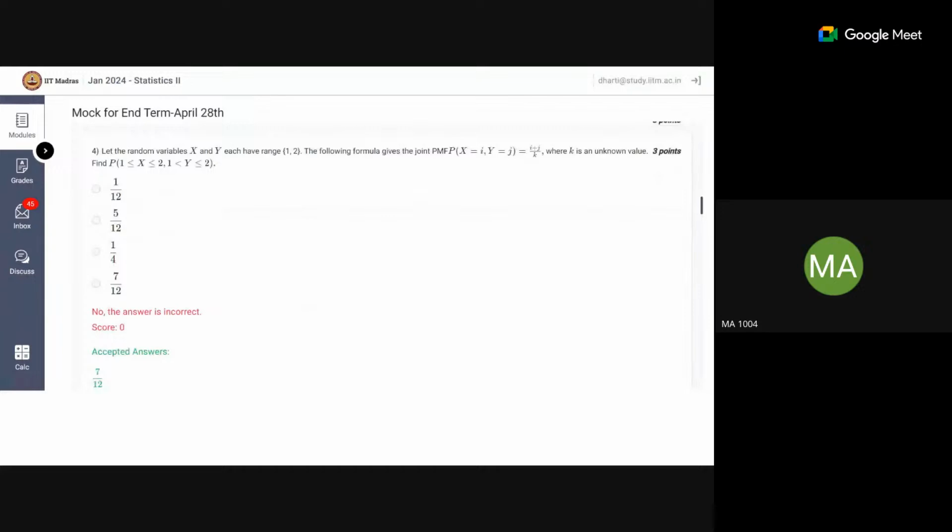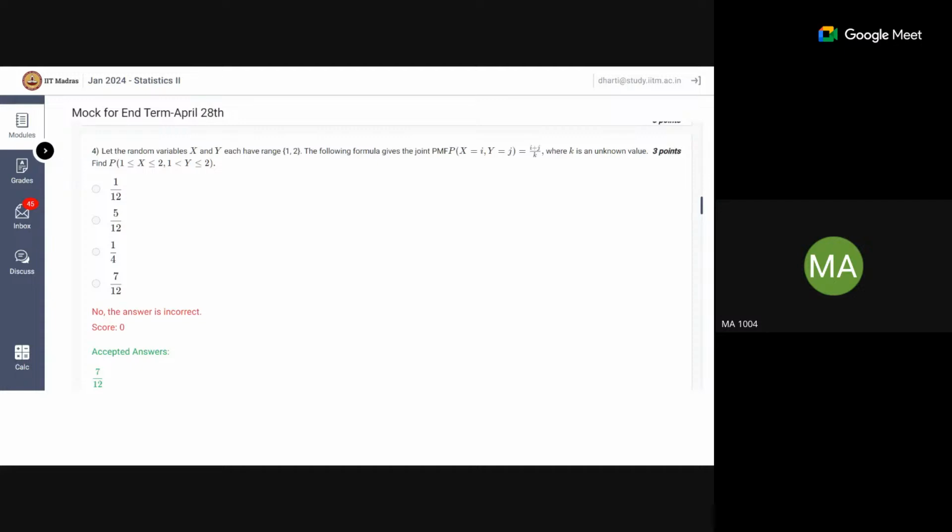So the fourth one says, let the random variables x and y each have the range 1 and 2. The following formula gives the joint PMF: the probability that x is taking value i and y is taking value j is given as (i plus j) by k, where k is unknown.